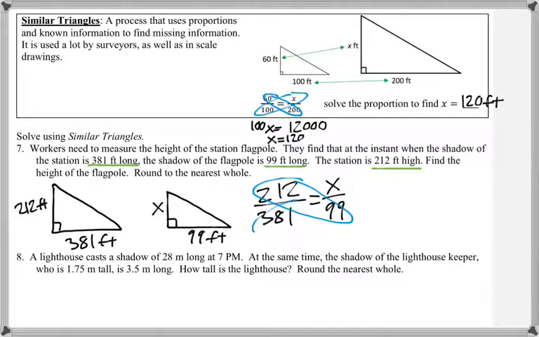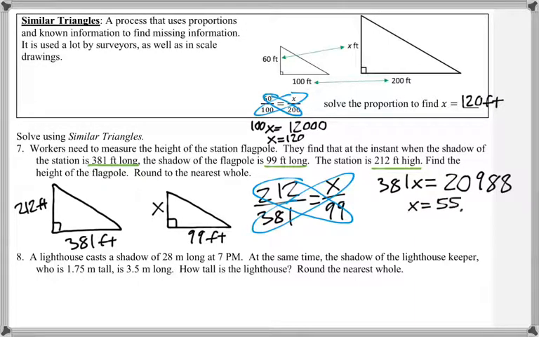So if I take the cross products, we get 381x is equal to 20,988. And then divide both sides by 381. And we get x is equal to 55.086, but they want us to round to the nearest whole number, so this will be 55 feet.